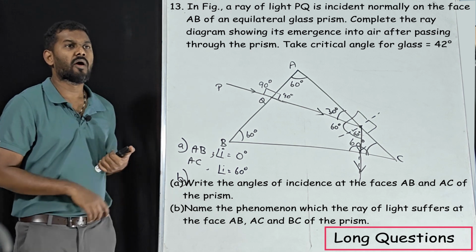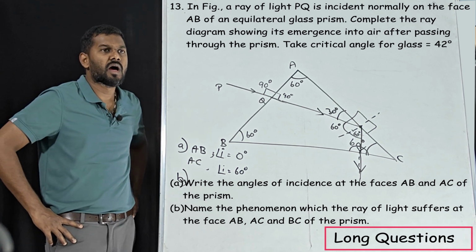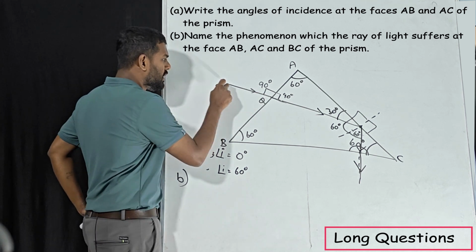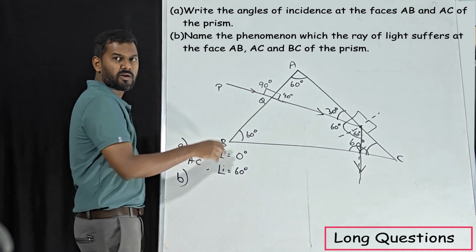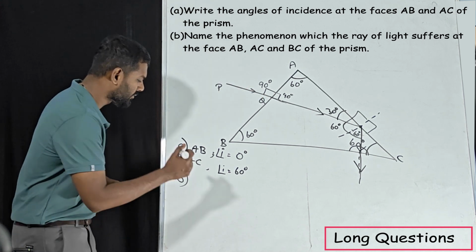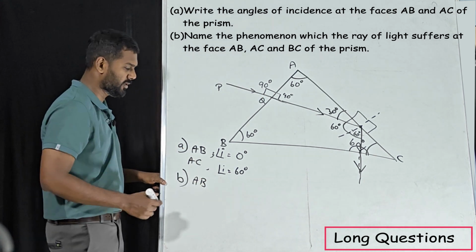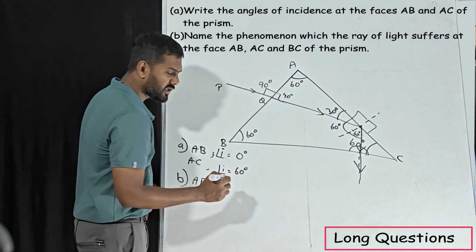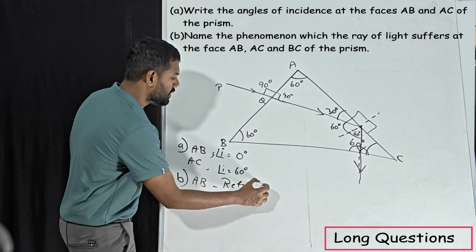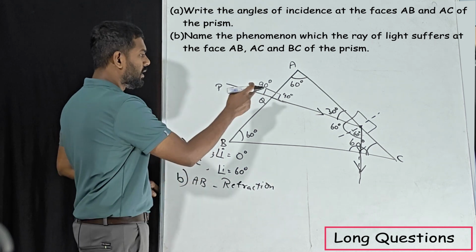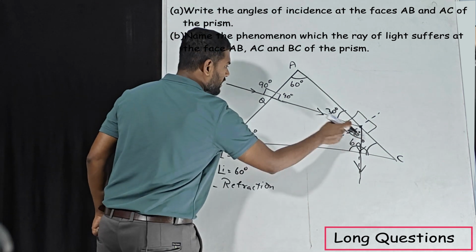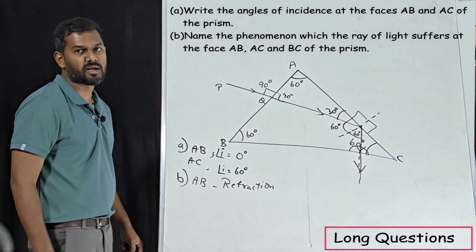Name the phenomenon which the ray of light suffers at the face AB, AC and BC. At AB, it is just refraction. Next, AC. Here we are getting the total internal reflection, right?